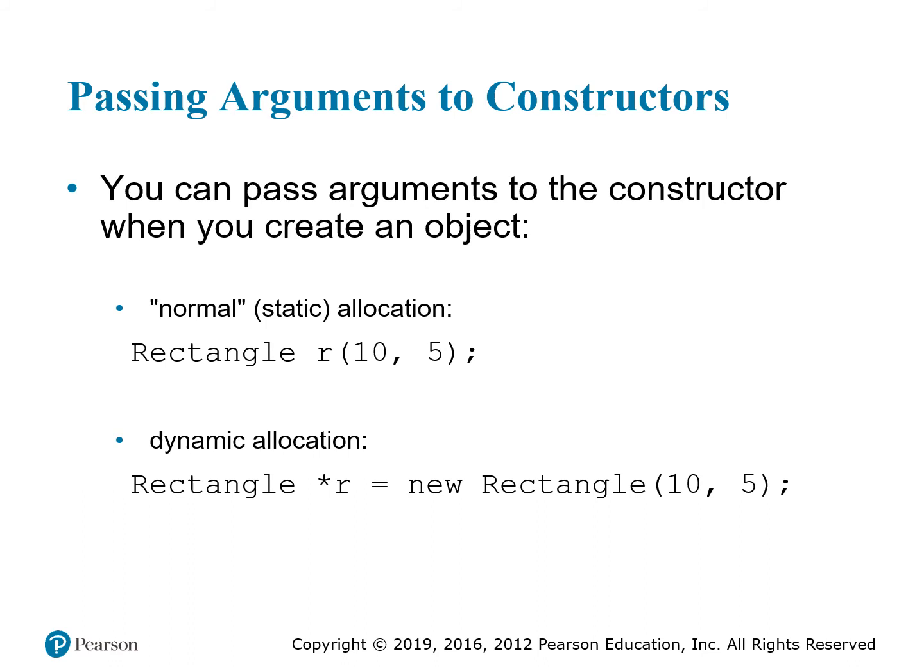You write Rectangle r(10, 5). Or if you're doing dynamic allocation, you can say Rectangle* r = new Rectangle(10, 5). Okay. Either way, we're creating a new rectangle object and we're populating it with width 10, length 5.